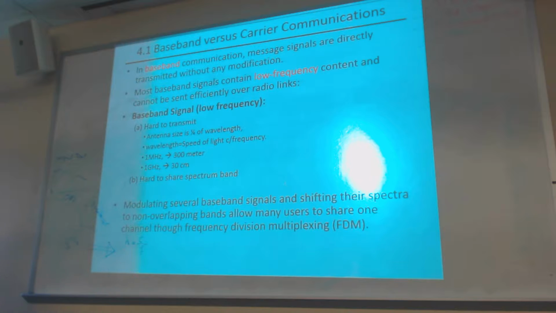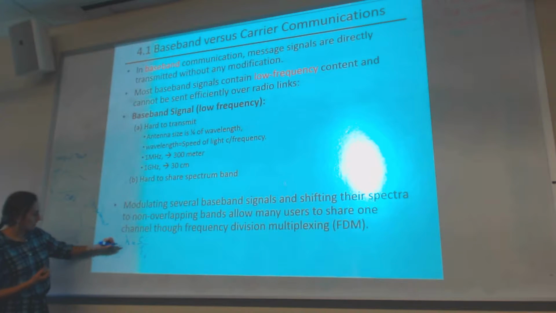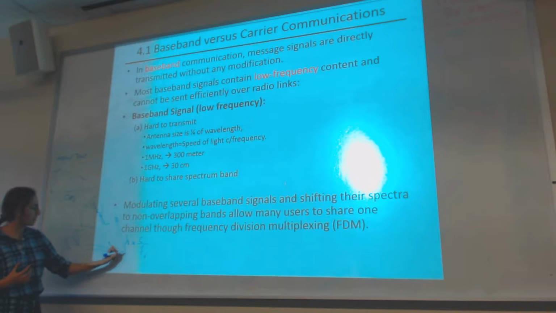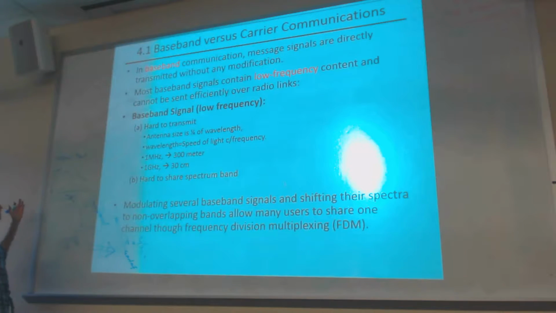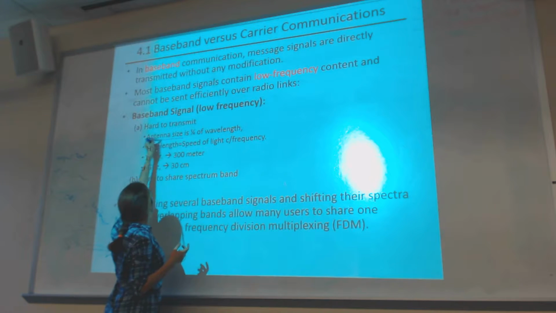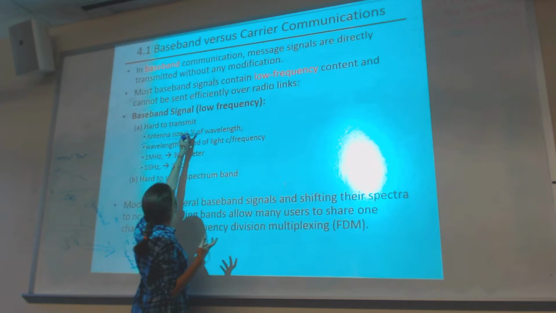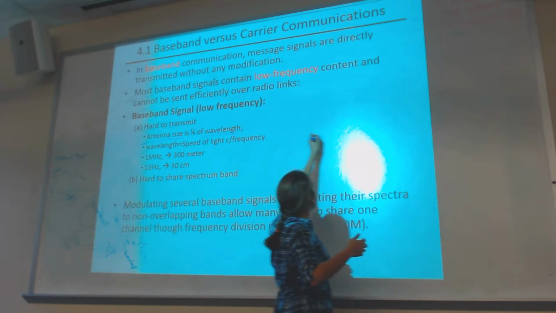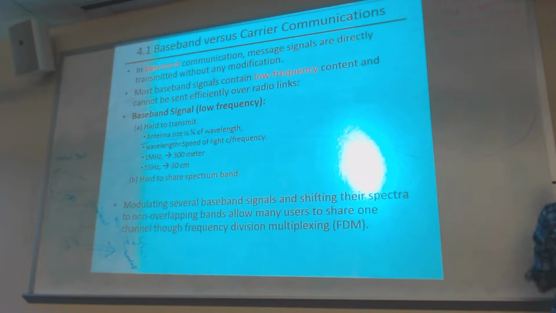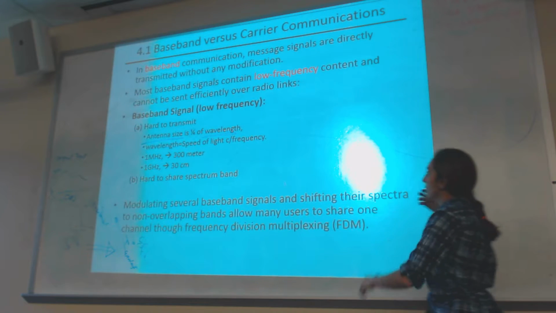So if I'm looking at low frequencies, my wavelength is large. When wavelength is large, the antenna should also be large. The antenna size is a fraction, let's say 1/4, of the wavelength. So if I'm working with a low frequency, large wavelength signal, my antenna should also be large.